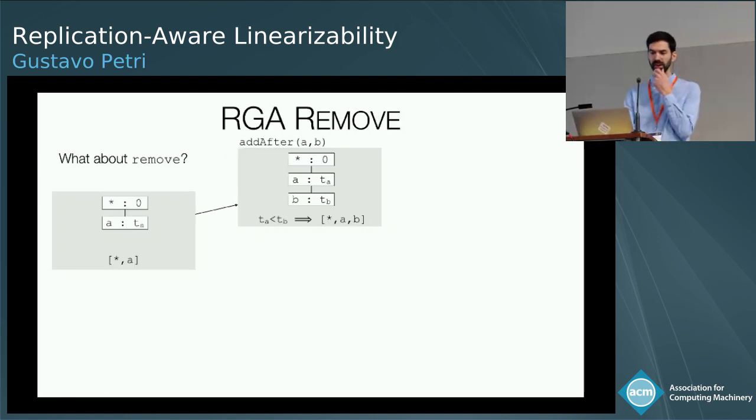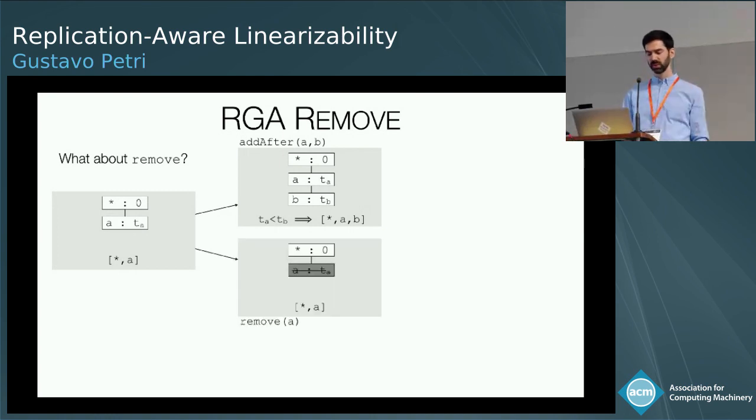Okay, good. So what about remove? I've been ignoring remove up to now. So let's assume that we have a concurrent add after AB and a remove of A. Well, if we try to linearize add after AB after A has been removed, we're in a problem, right?